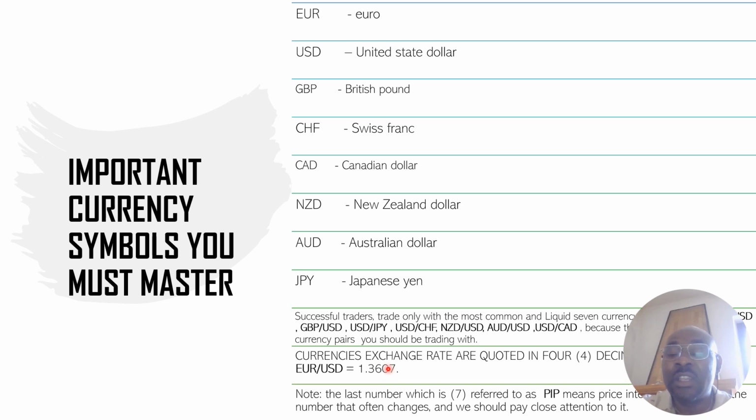So as it's going up, you are making profit. But if it's counting down, instead of this 0 changing, it will now change to 5. You understand? So it's like that, and that is what you are going to pay attention to. Pay attention to this value, because this is the value that normally changes.